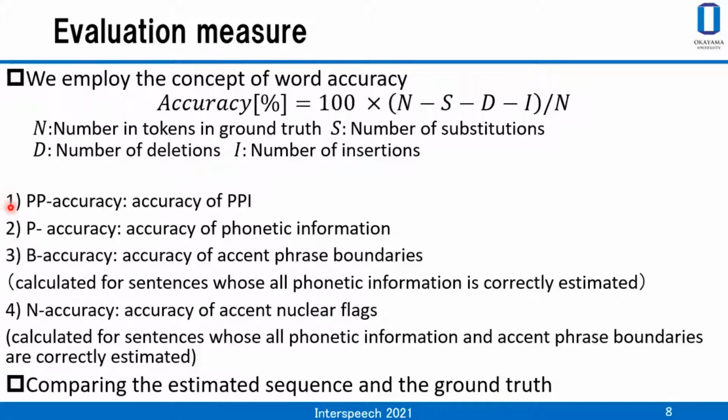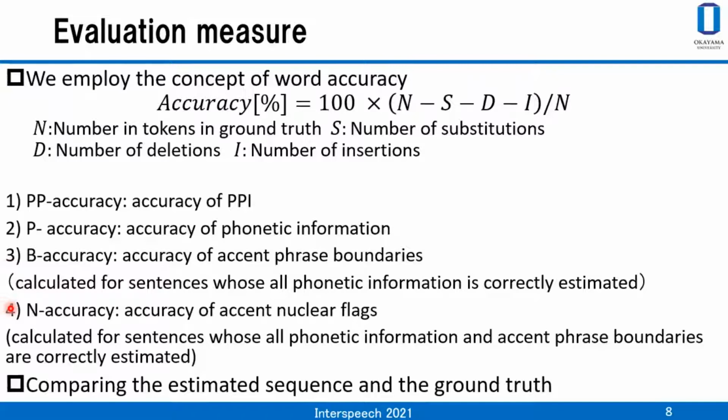First, PP accuracy concerns whether phonetic and prosodic information are correct or not. Second, P accuracy concerns whether only phonetic information is correct or not. Third, B accuracy is the accuracy of estimation in accent phrase boundaries and is calculated for sentences whose all phonetic information is correctly estimated.